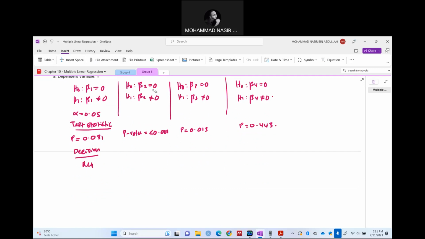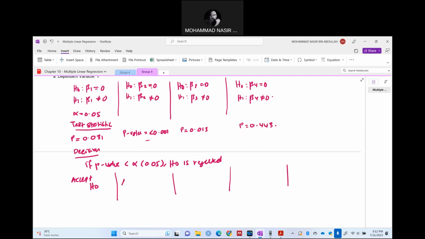reject, if p-value less than alpha, which is 0.05, null hypothesis is rejected. So based on the decision rule, this is reject null hypothesis because the p-value is very small, less than 0.05.